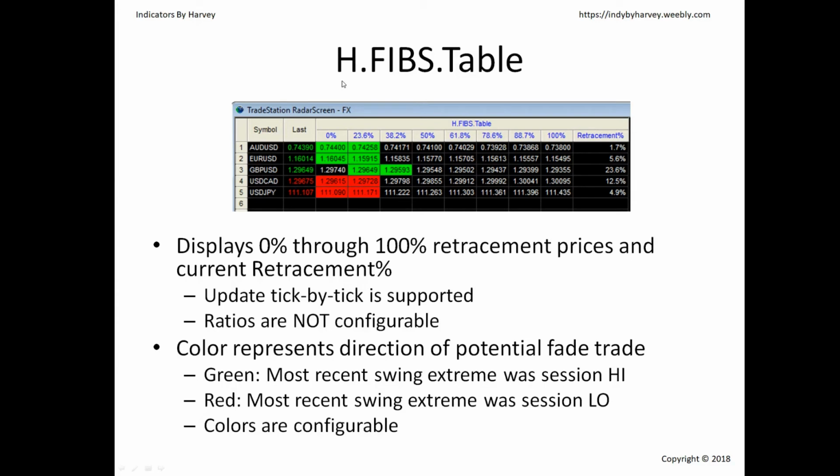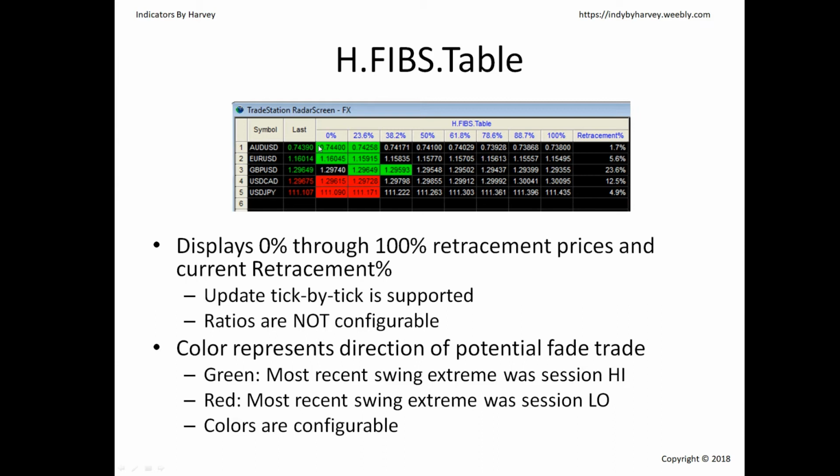hfibs.table is the new indicator that provides autofib support in a radar screen. It works conceptually the same as the chart-based indicator. As a new swing high or swing low is generated in the specific session, it stores that value, calculates the different ranges in between, calculates the current retracement, and provides you a color coding for where the last price is as it pertains to references of these different retracements.